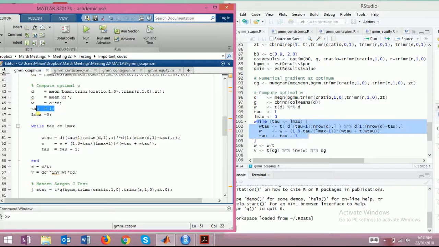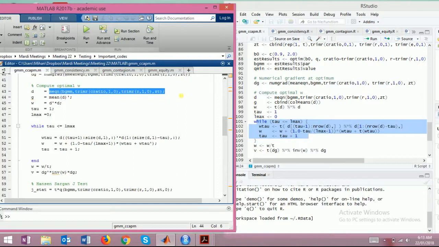What I'm looking at is tau plus 1 going up until the size of D, taking one column, size of D rows for one column.